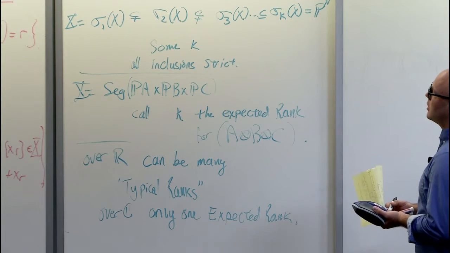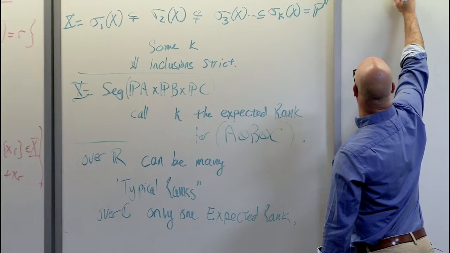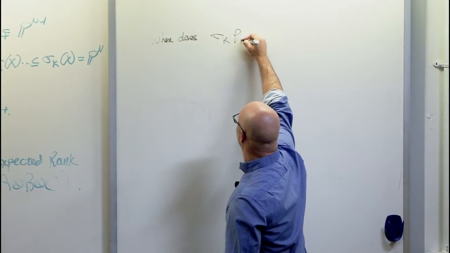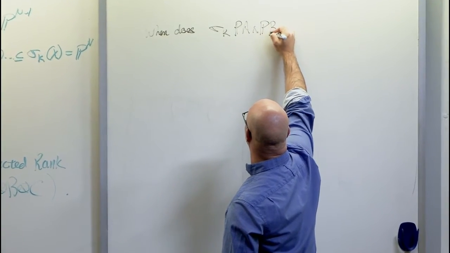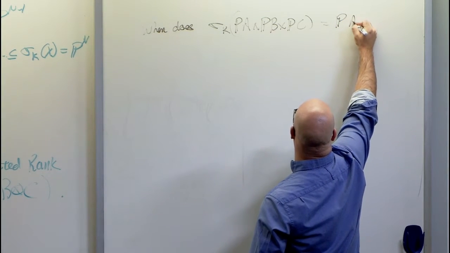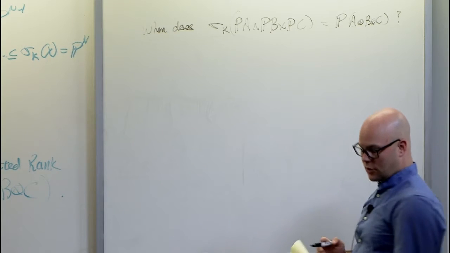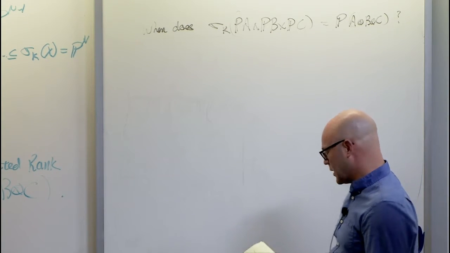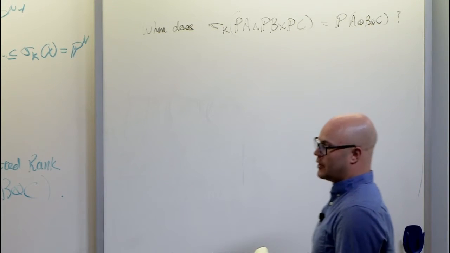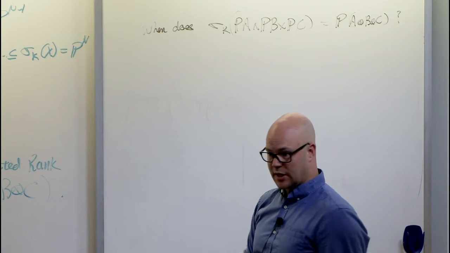Okay, so when does k fill the space? In order to determine this, we're going to compute dimensions. I prefer the differential geometry approach to dimension, which is the dimension of the tangent space.